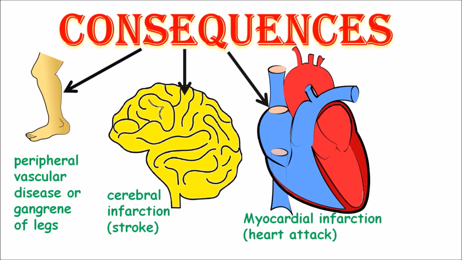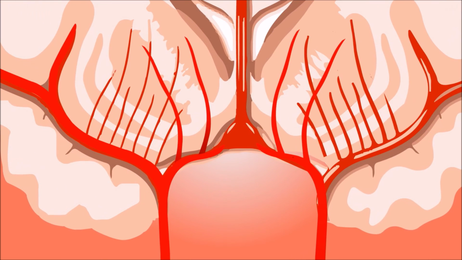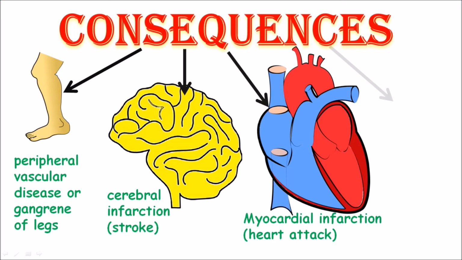This may occur if the cerebral arteries are blocked by atherosclerotic plaques. That is, the lipid layer blocks the cerebral arteries. It can also cause aortic aneurysm. What is aneurysm? Aneurysm is the dilatation of the arteries due to weakening of the wall of the artery.